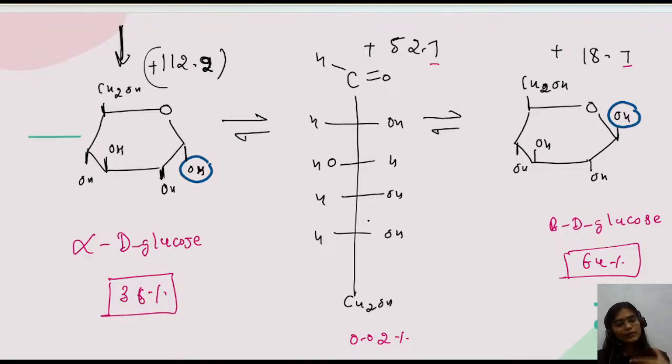If we are discussing a reaction which was not given positively by the open chain, the reason is that 0.02% is a very small amount compared to 36% and 64%. Yes, the open chain is present, but in a very small amount. Okay, so this is mutarotation, and it's an important topic.